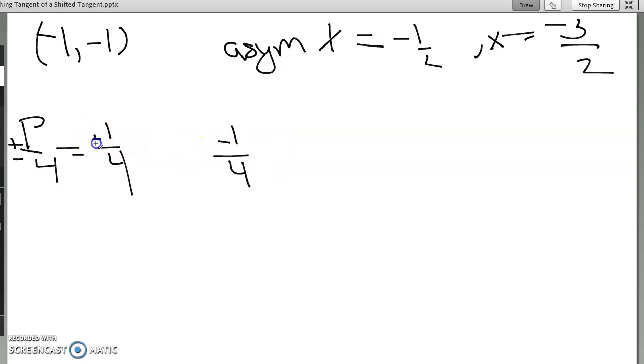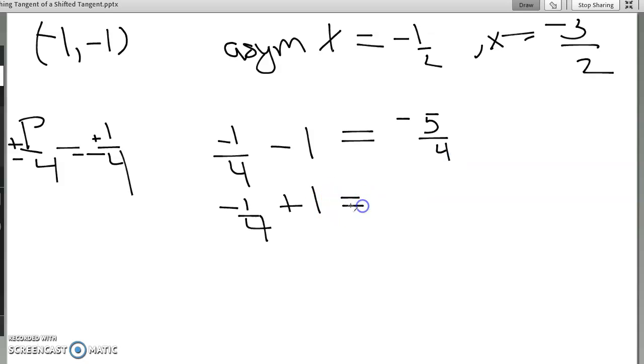So we're going to do -1/4, and this is plus or minus 1. And then we have -1/4 plus 1. And so for the first value, we get -5 over 4.